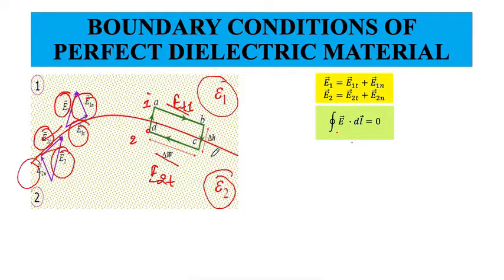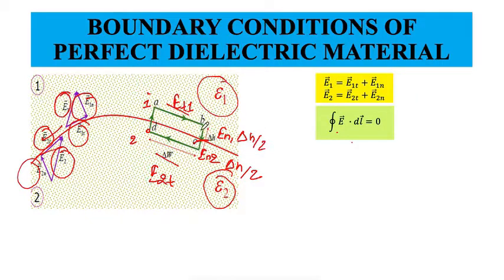Delta h would be halved because the plane is dividing my line in half. I'm considering the line height to be delta h. Along delta h, there would be the normal components E normal 1 and E normal 2, each multiplied by delta h by 2.